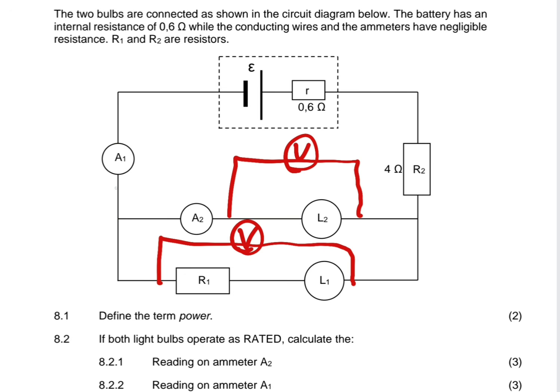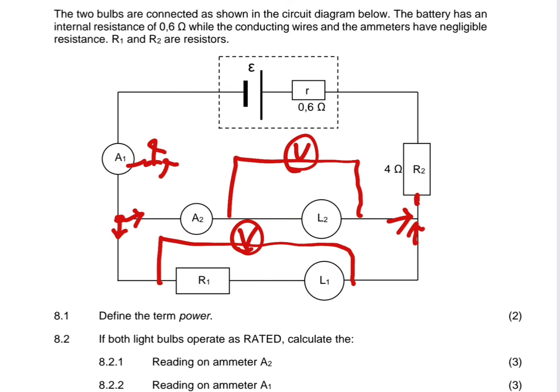And what we can also be sure is that the current here at A1 will be the total current, because that will be the current before it splits in this section. A1 will be a reading of the current before it splits. After splitting, it will come back together here.